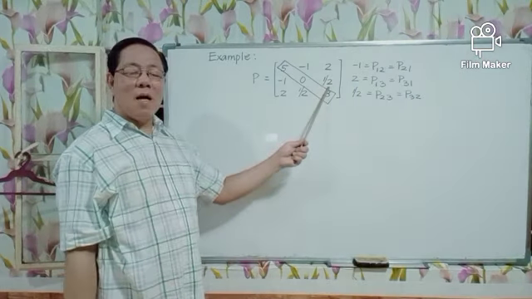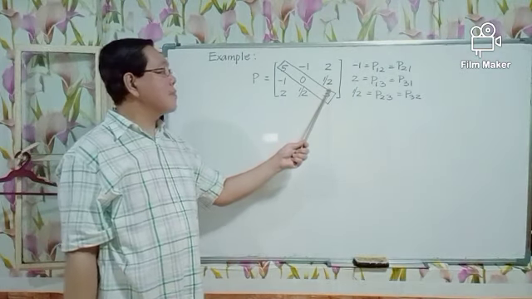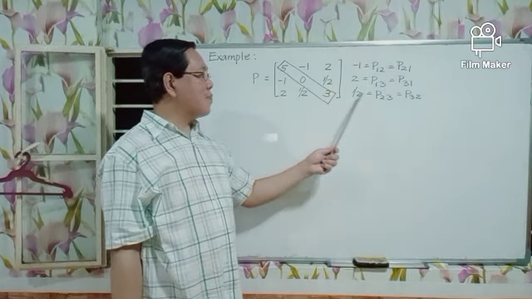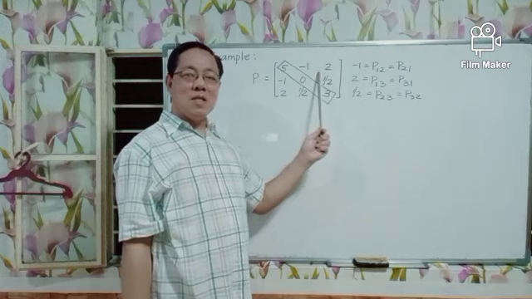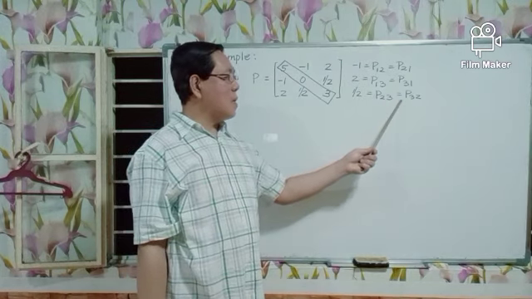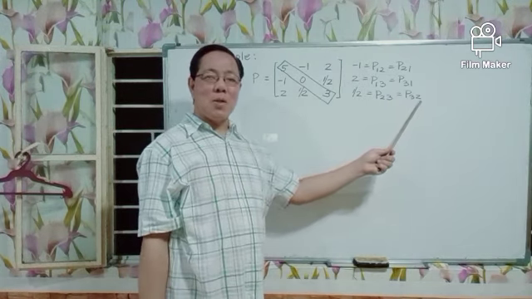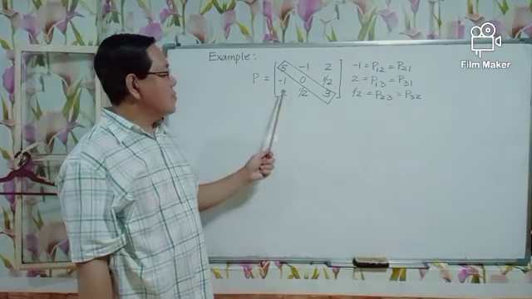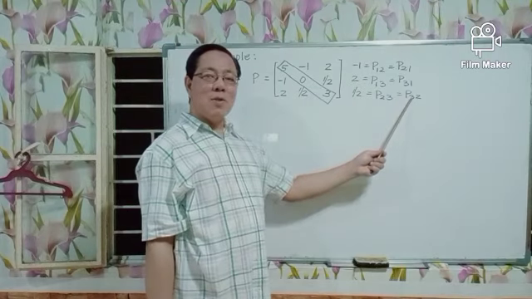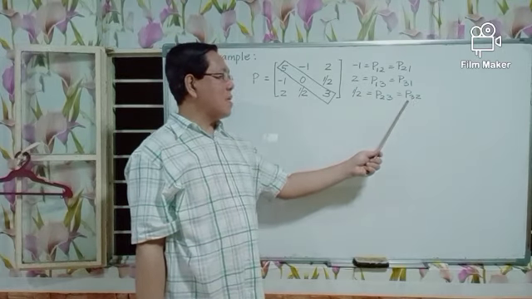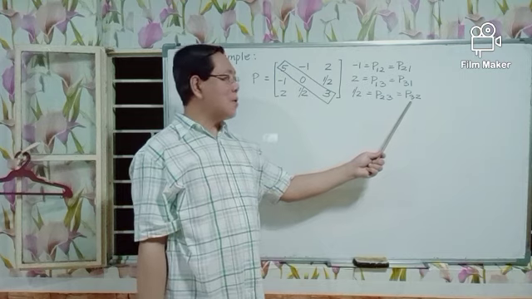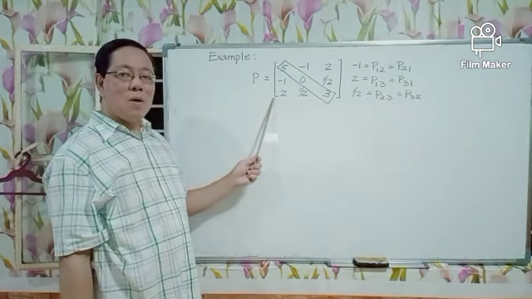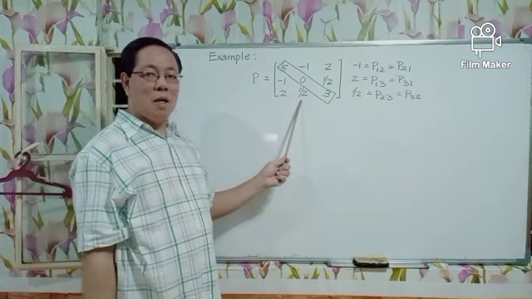And the last entry above the diagonal is 1/2. And 1/2 is the entry in the second row and third column, P sub 23. If this is symmetric, this entry must be equal to the entry P sub 32, the entry in the third row and second column, which is 1/2.